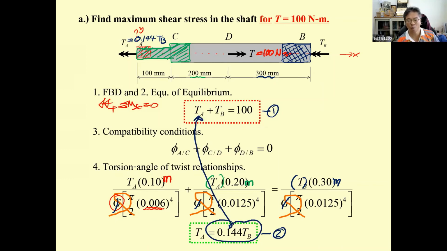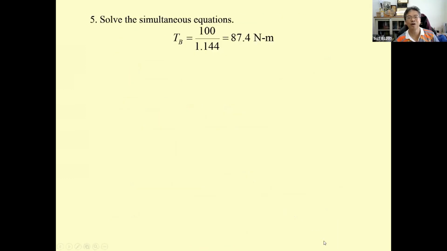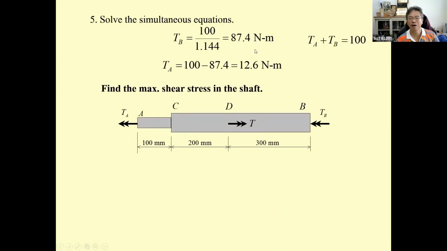So it's going to be 1.144 T sub B equal to 100. Okay, so T sub B is 84.4 and T sub A is going to be 12.6. So this is 87.4 Newton meter. This is going to be 12.6 Newton meter.